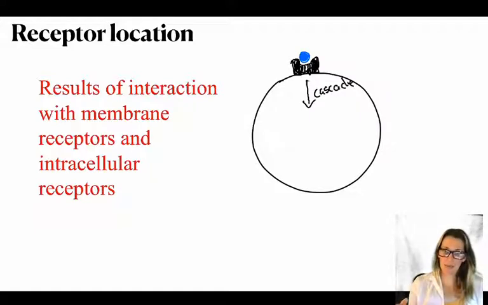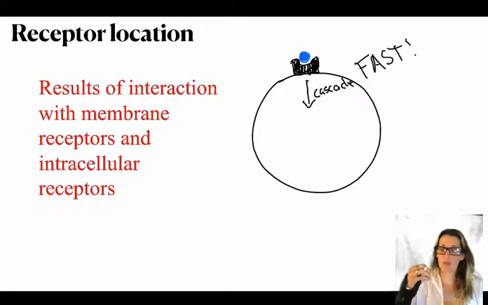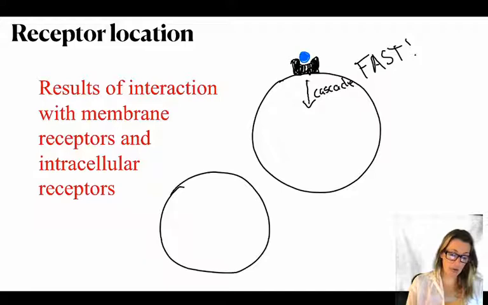It's a cascade of events that we will talk about later in more detail. But the big take-home message from this is that this cascade is fast. If you have a water-soluble messenger binding with a membrane-bound receptor, you're going to get a fast reaction. Why is that? Well, it's fast relative to the other option.